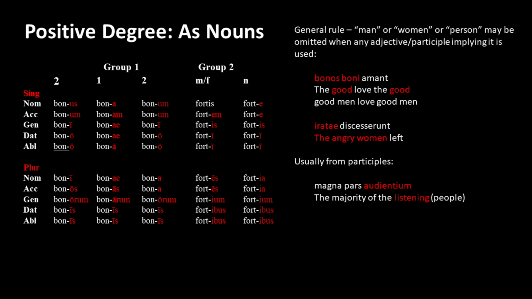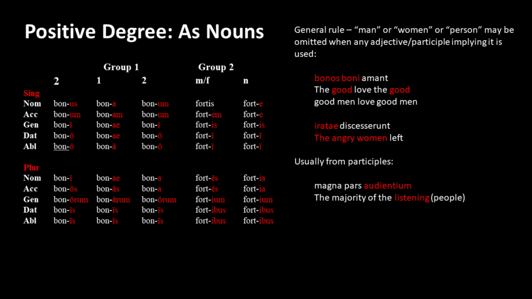I've given it down here as the majority of the listening people. Again, audientium. Who else would be listening? Trees, rocks, clouds, goats, sheep, fish? It's people, of course. And since it's obvious that the listening ones are people, again, why bother wasting your breath with another word? Audientium itself contains the idea of people who are listening.